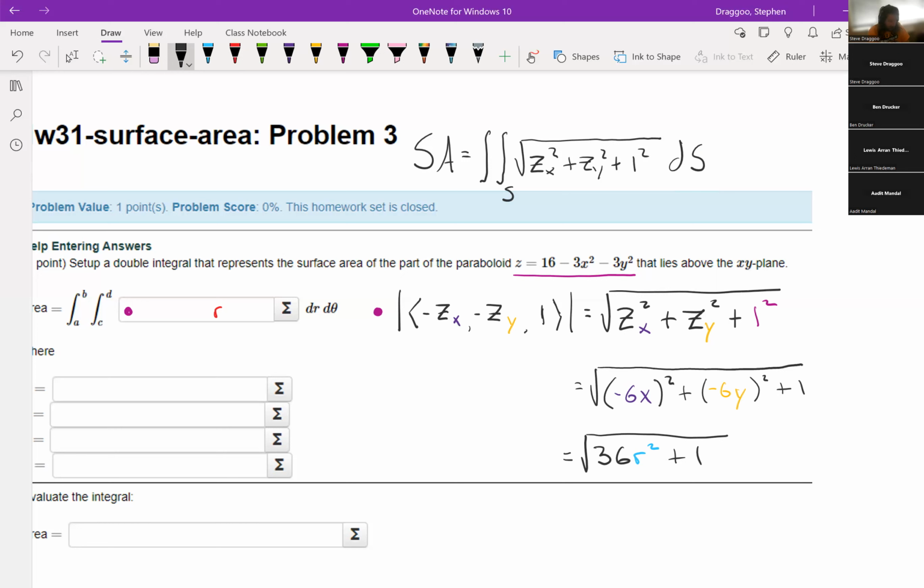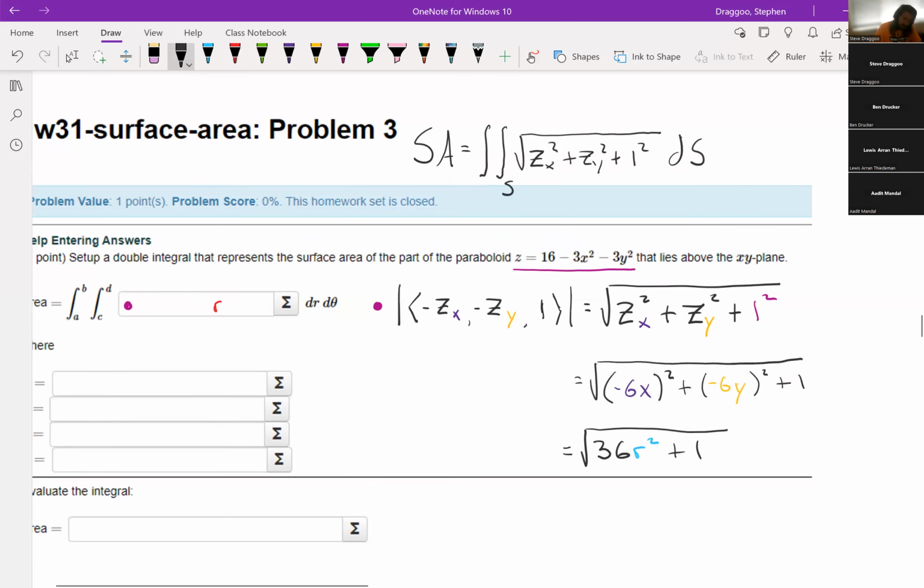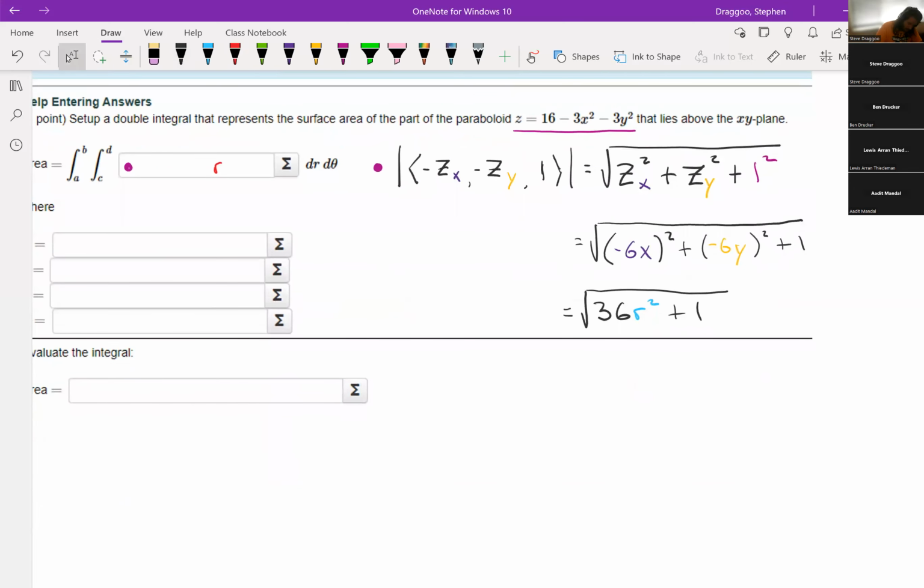So I need to set up some bounds for this integration. This surface area, just write out the integral for us real quick.